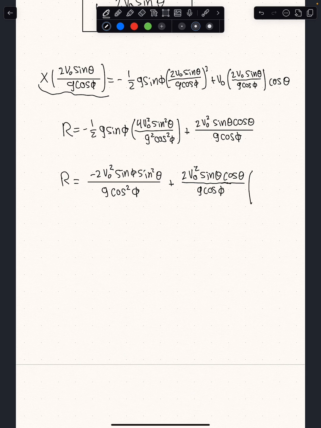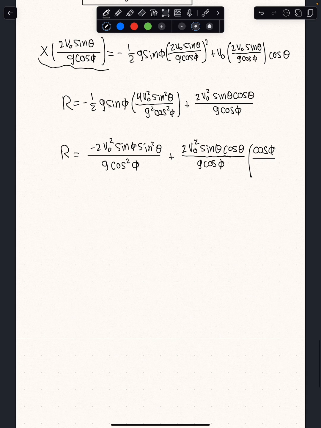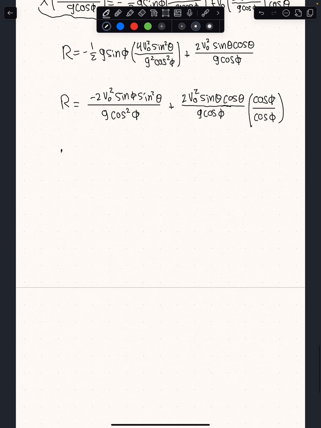We're going to multiply this by cosine phi over cosine phi. So we're multiplying this side by 1. This is just going to give us common denominators in our 2 terms, so we can combine it into 1 term. And this is going to be kind of big.